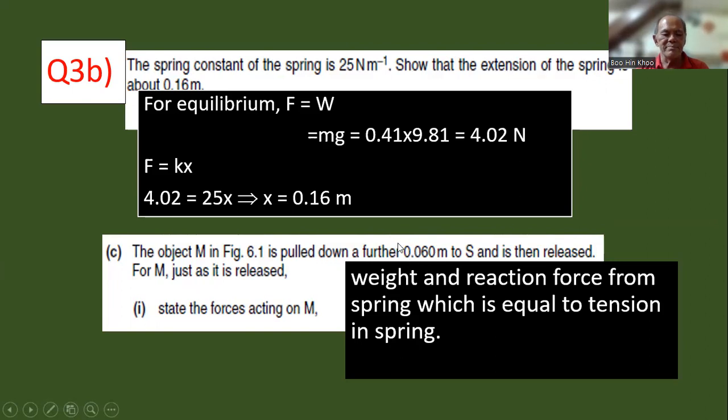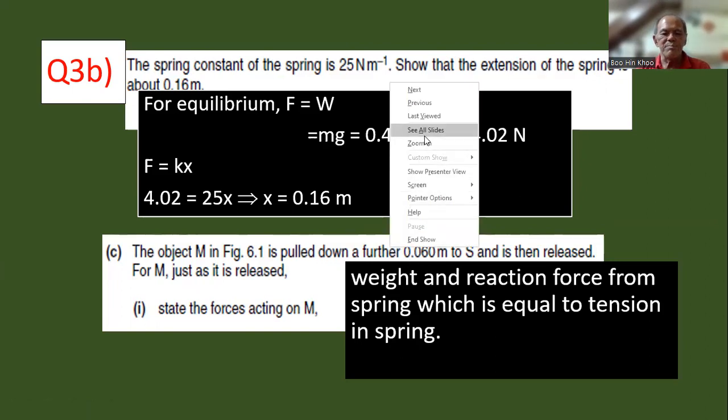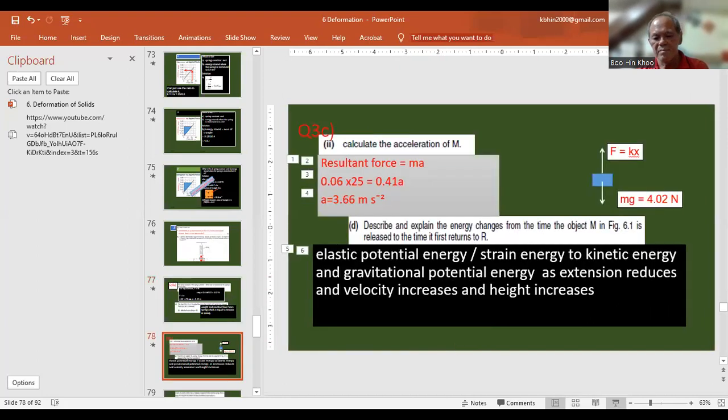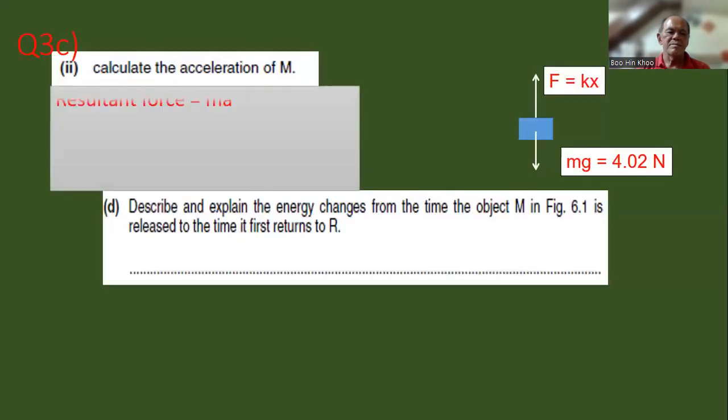That's where we get it from. So that provides the resultant force. That's your K, this is your X extension, and this is your mass times acceleration. Calculate your A.